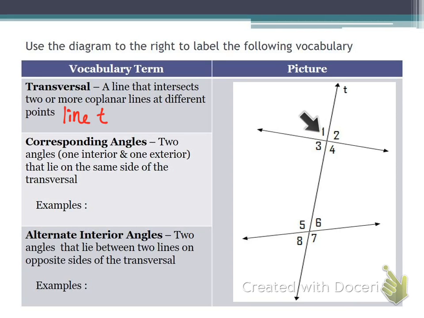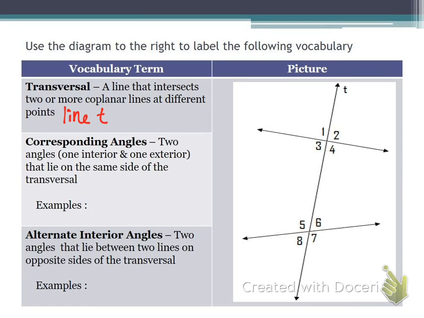The angle that corresponds to it is going to be on the same side of this transversal, and it's going to be in a corresponding position. So yes, 5. When it just says one interior, one exterior, they can't be right next to each other, basically. So 3 would not have been an option. 5 would have been our only option.